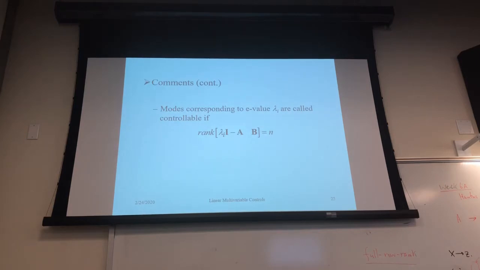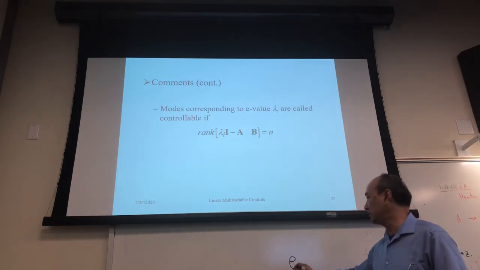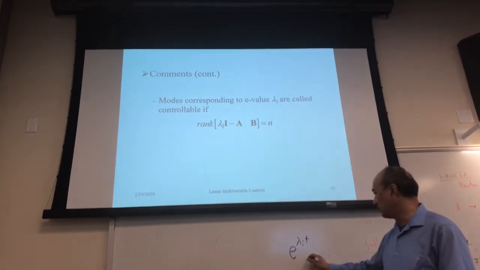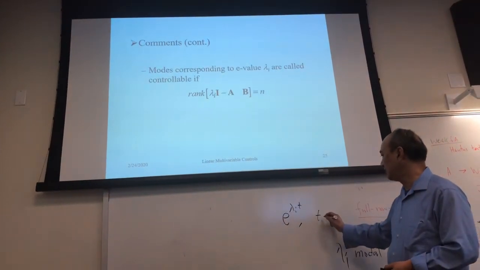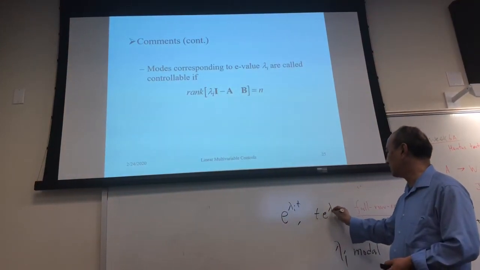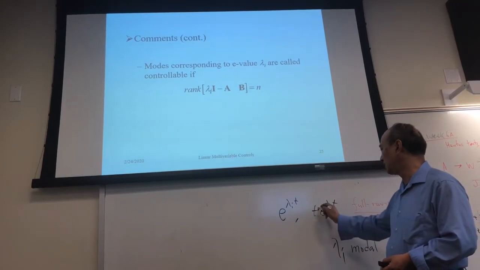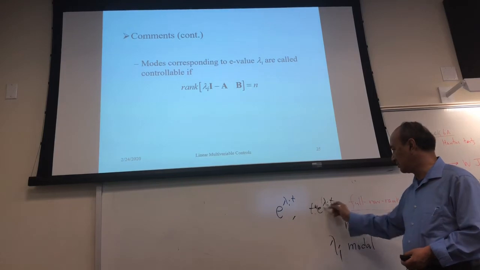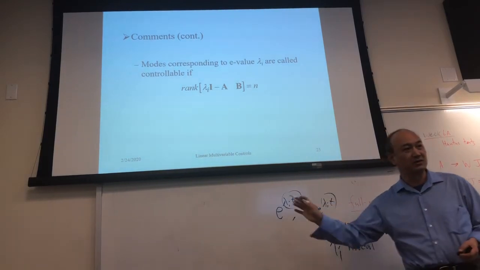Why do we call this a mode? Because the time domain will always give you e to the lambda i t, or if you have a repeating eigenvalue, then you have t e to the lambda t, or t to the k minus 1. So these are just modes.